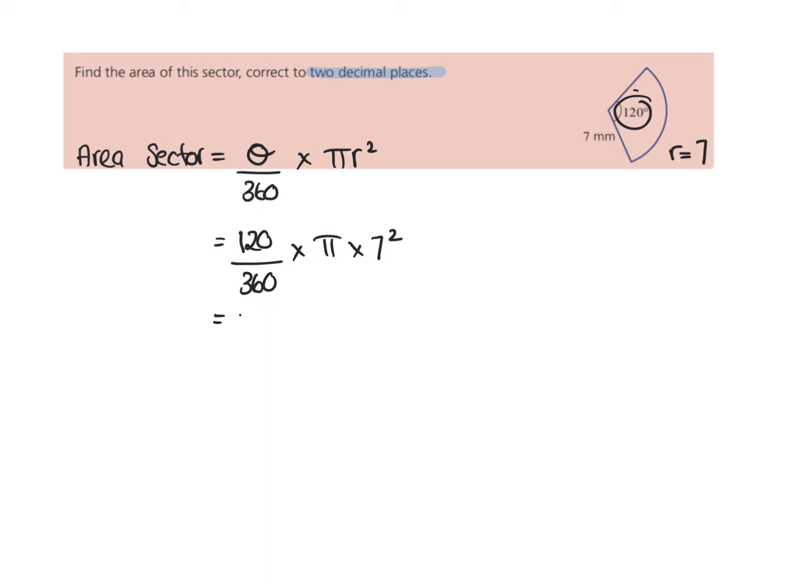And I got 51.312. So I look at this one. This is not above 5, so this one remains the same. So the answer is 51.31. And what was the unit? Millimeters squared, because it's area.